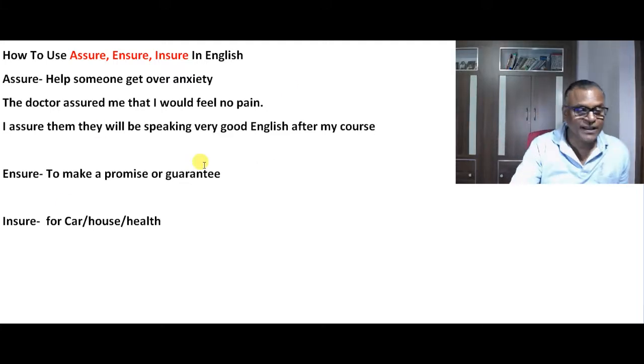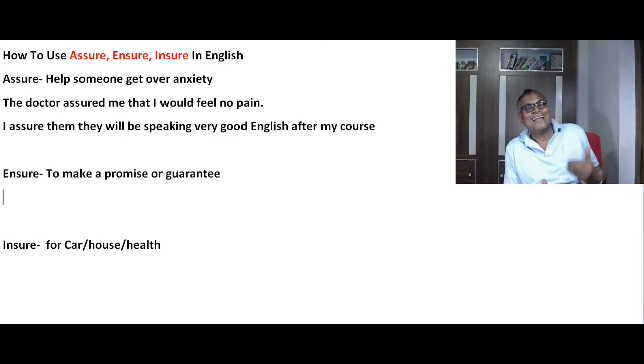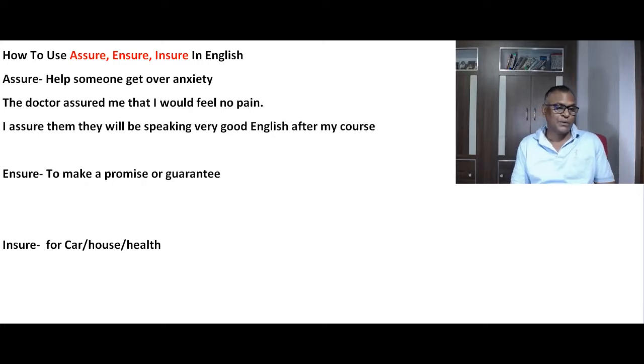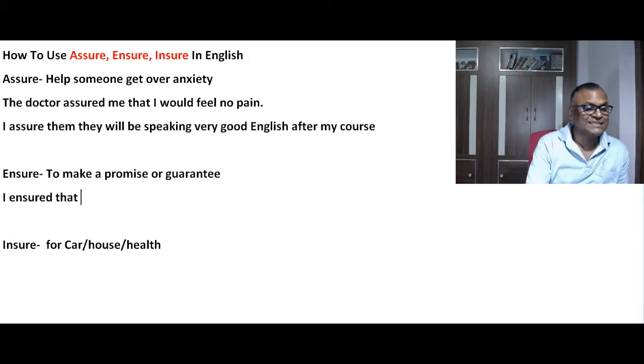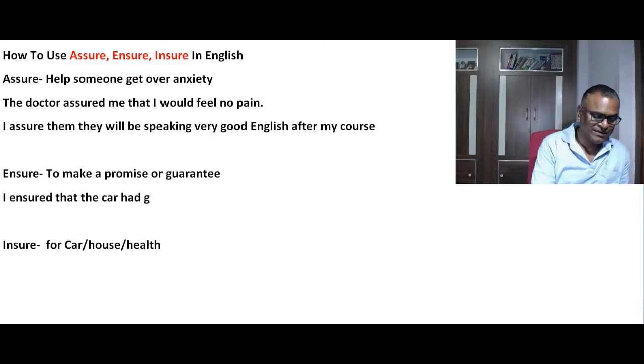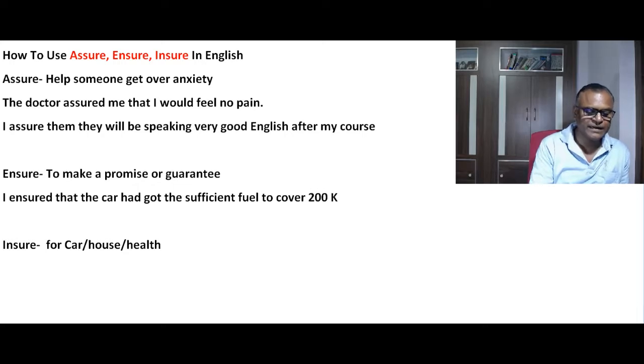Assure. Okay. Now, ensure. We ensure means we make a promise or guarantee for something. I ensured that the car had got sufficient fuel to cover 200 kilometers.